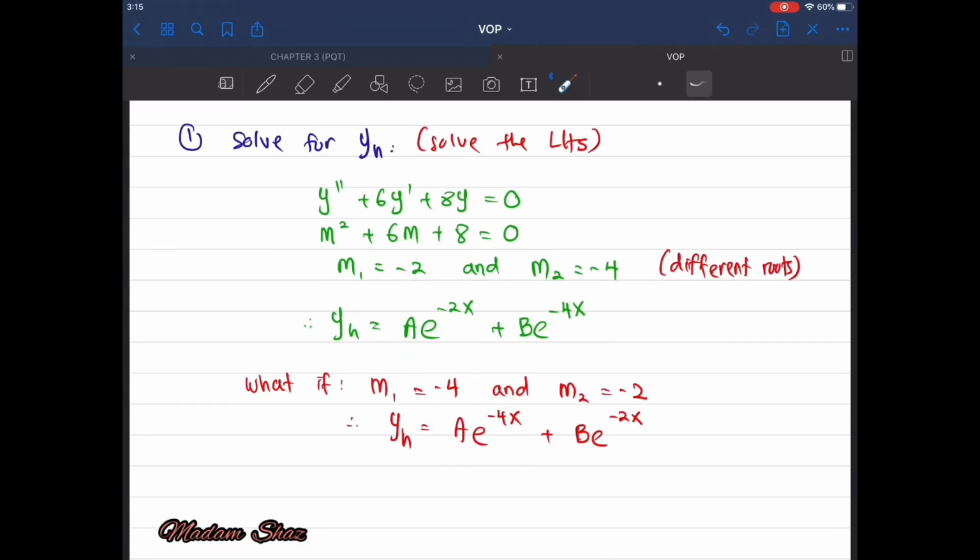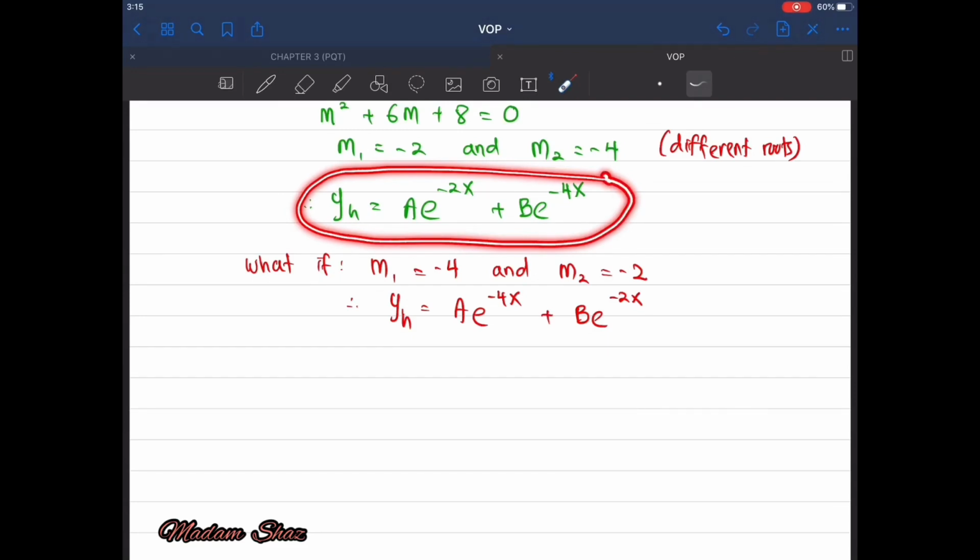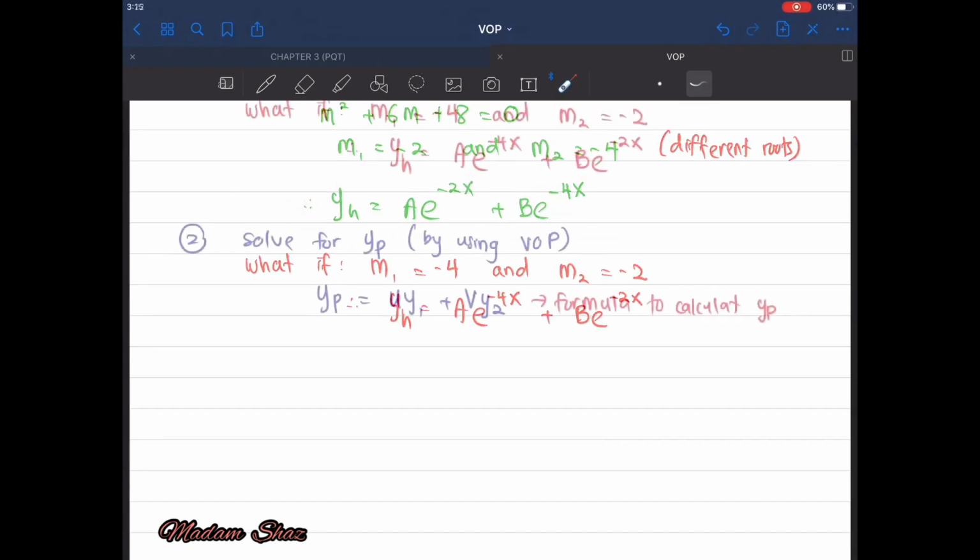There is no problem if you change the position between them, so both answers will be accepted. I will proceed with this yh: yh equal to a exponent negative 2x plus b exponent negative 4x.